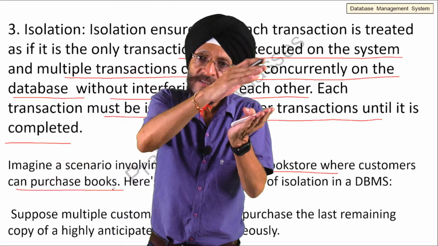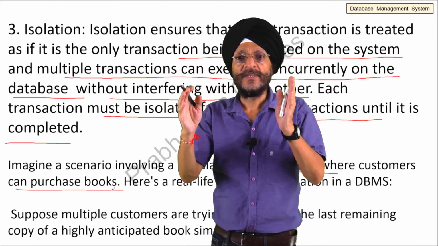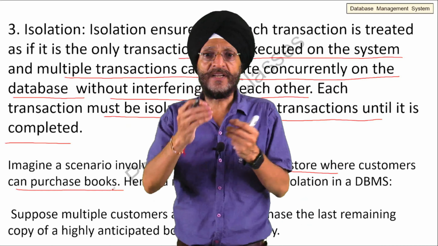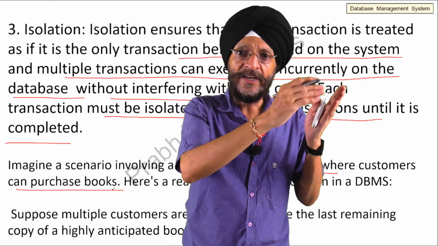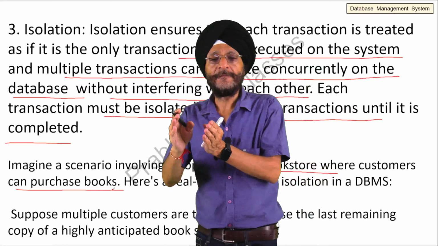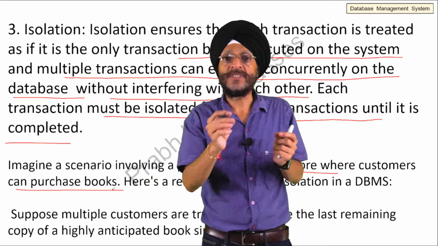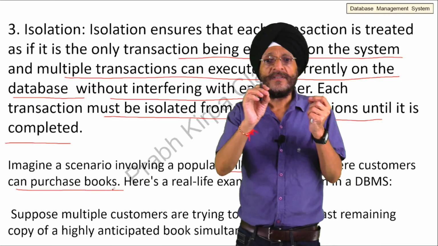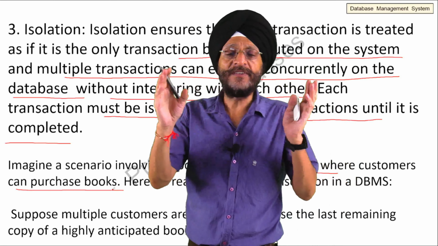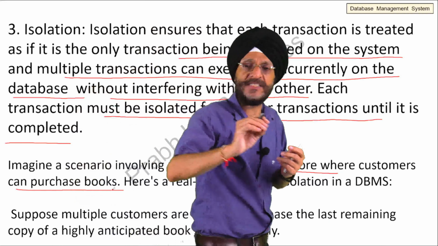We have already learnt about the isolation levels in DBMS. That is, read uncommitted, read committed, repeatable read, and serializable. Suppose in this case of the bookseller, the isolation level used in DBMS is the highest level, that is serializable.